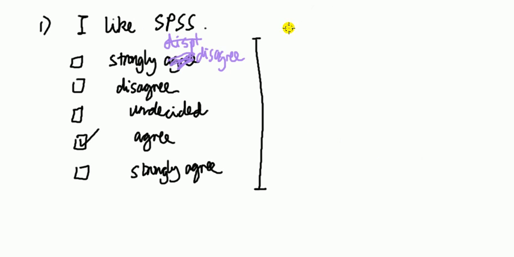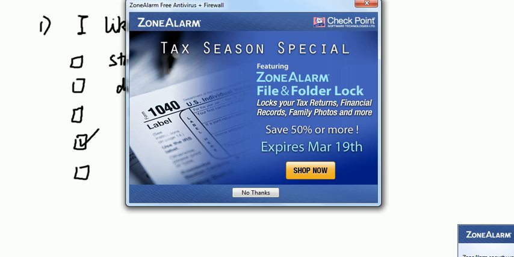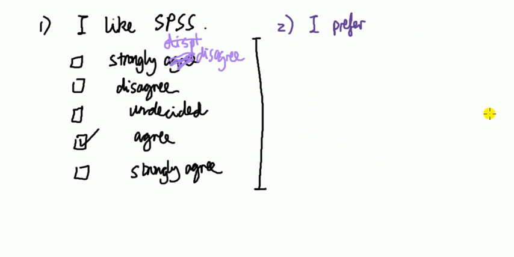For example, let's do a question 2 here. Let me give you an example of something that is reverse, oppositely worded. Say, I prefer Excel to SPSS.